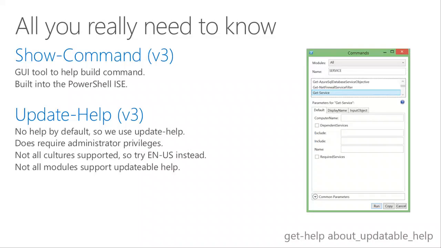Server 2012 did not have help on the box. So you install it, there's no help. The reason for this, and it's actually a good reason, is that the help gets updated all the time. If you're running, say, 2008 R2, you can't get updated help. So now the first thing you do is run Update-Help.